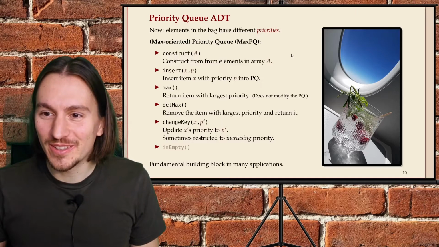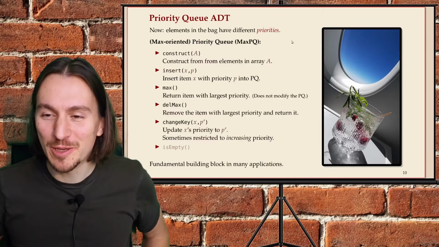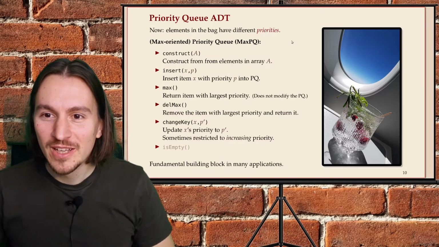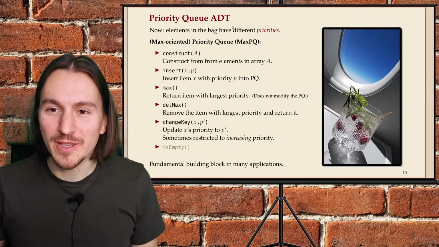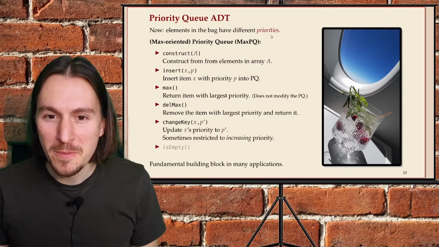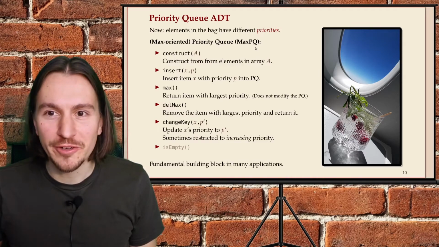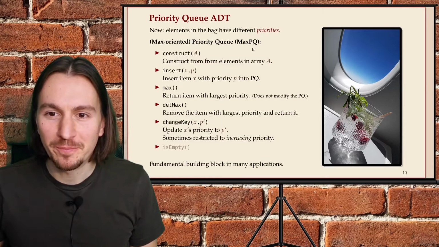So this explains the picture, just to keep that memorable for you maybe. The priority queue abstract data type is a bag where the items have priorities. And that influences the order in which they are retrieved from the bag.